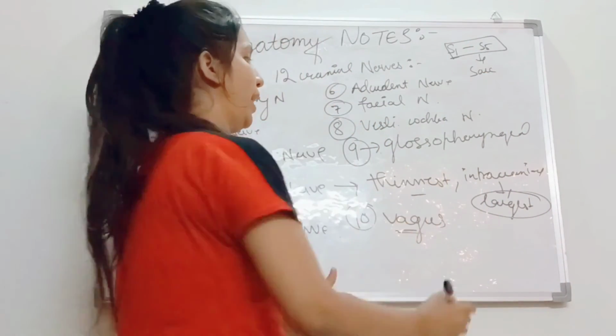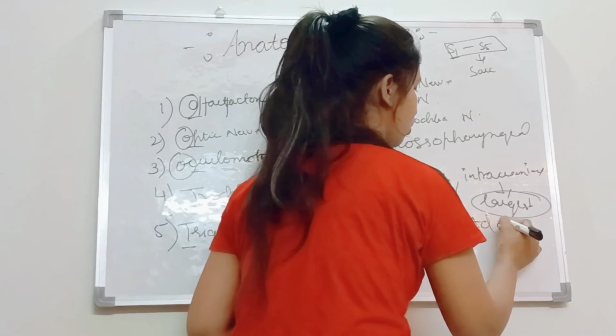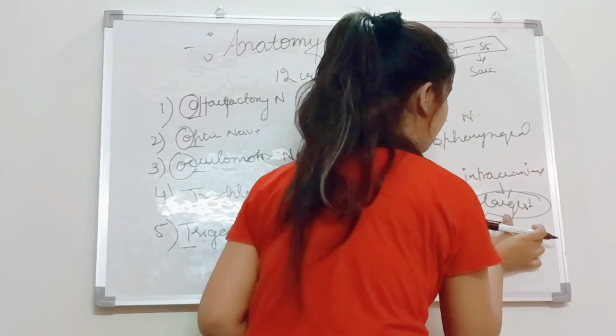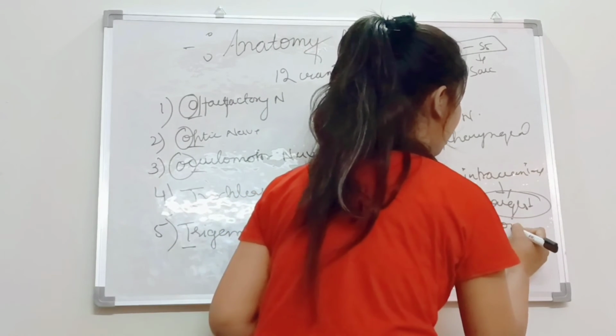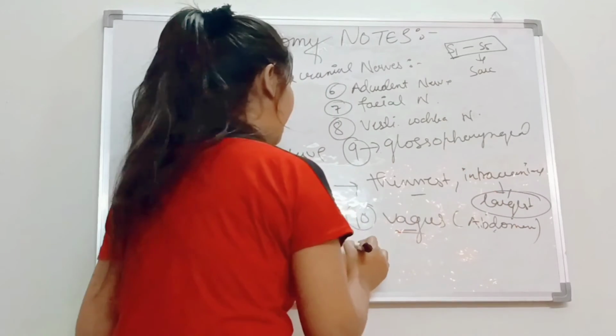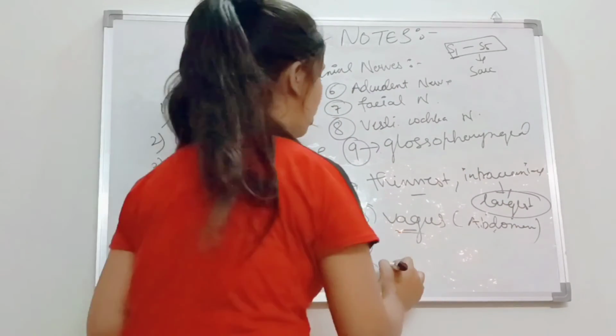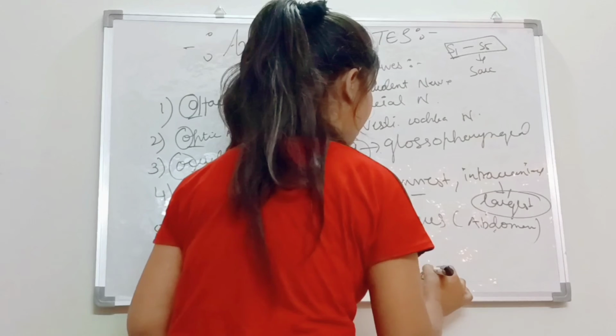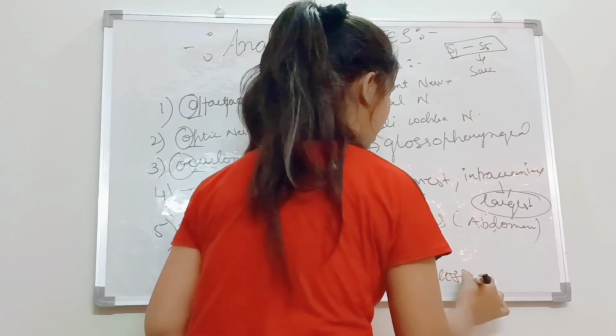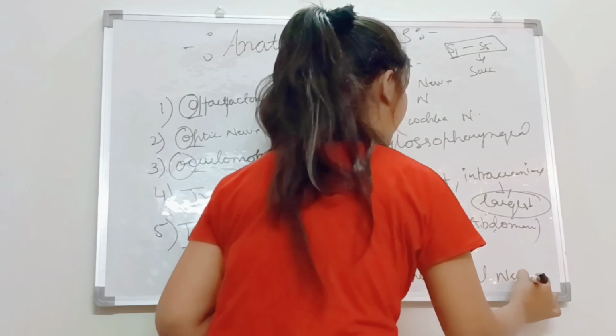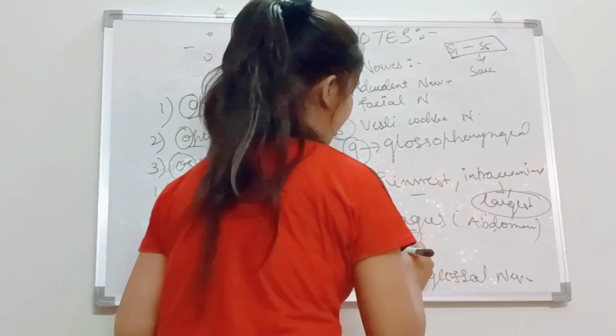It only supplies the abdomen. So you have to remember this. It supplies the abdomen. Then the 11th and the 12th: the 12th is the hypoglossal nerve and the 11th is the accessory nerve.